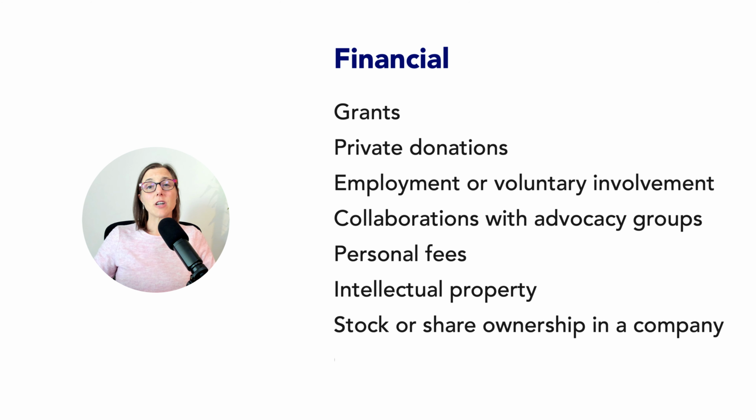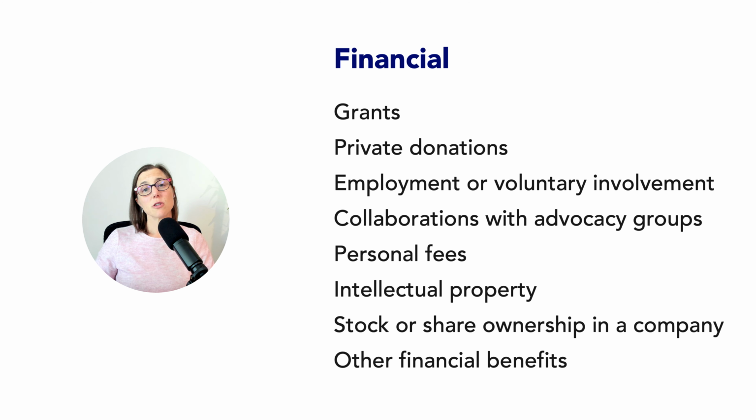For example, I have a client who started a drug development company, and the work in the manuscript was done at the company, so they had to disclose their stock ownership in the conflict of interest statement of that manuscript. Now, this list is not exhaustive because there are other types of financial relationships that you might have, so be sure to disclose any other financial benefits related to the development of the work.